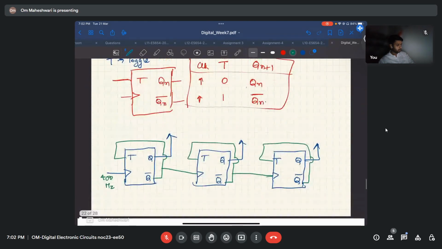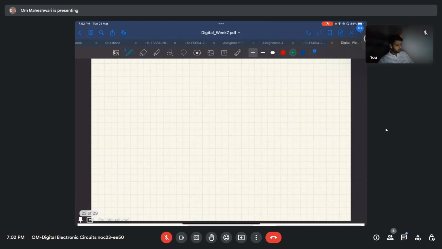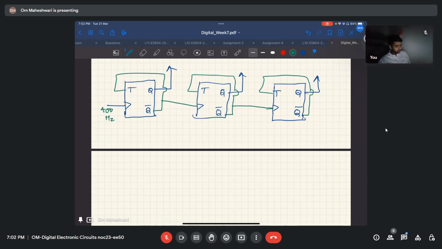So let us try to draw something. Let me draw the input clock. Let's say it is logic trigger.